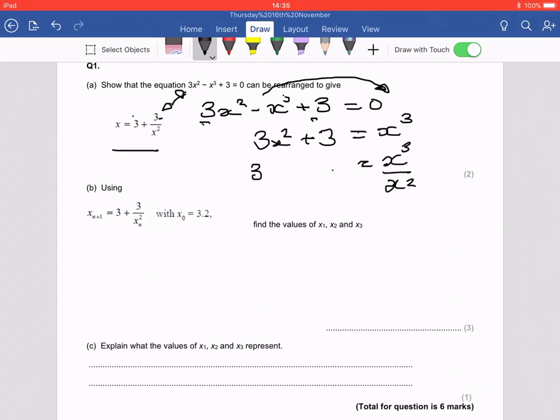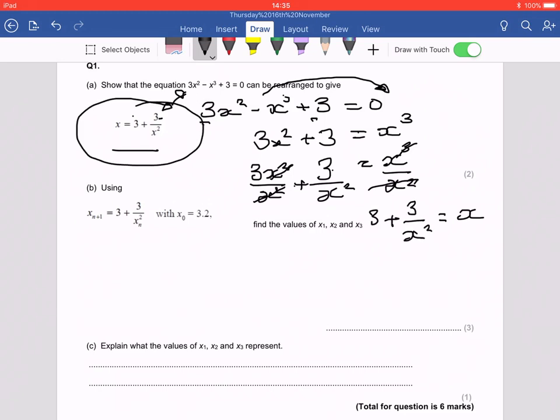So I'm just going to do 3x squared divided by x squared plus 3 over x squared. And that x squared cancels with that x squared. This x cubed cancels with this x squared, well, this whole thing altogether. And so what you're left with is x on the right-hand side, and you've got 3 plus 3 over x squared, which is what they ask us for. All good?